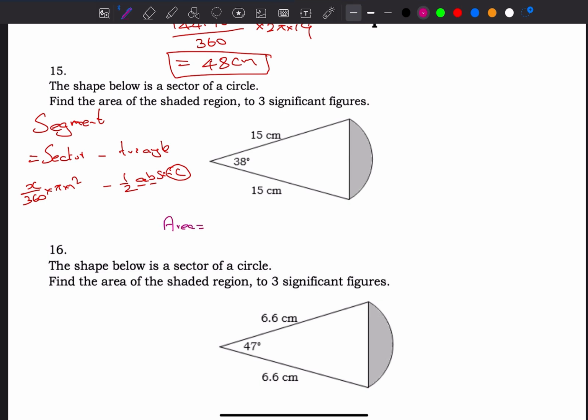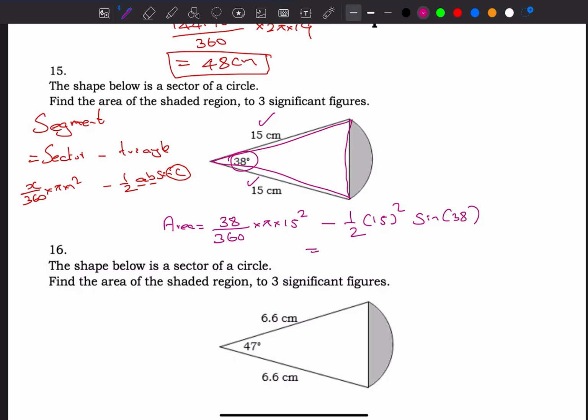Area equals what is the area of the sector? Okay, first the sector is 38 over 360 times pi times 15 squared. Take away the area of this triangle. How to do the area of this triangle? Half a times b. These are your a and b always. So 15 times 15 is better to write as 15 squared. It looks nicer. Then the angle is this one, alright? Always sine 38.